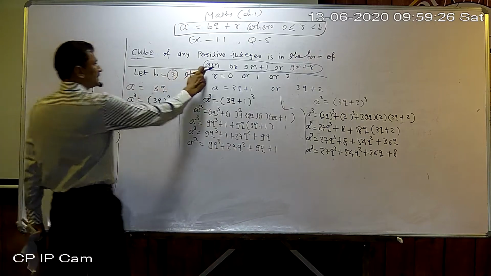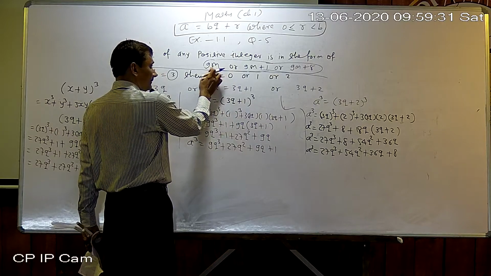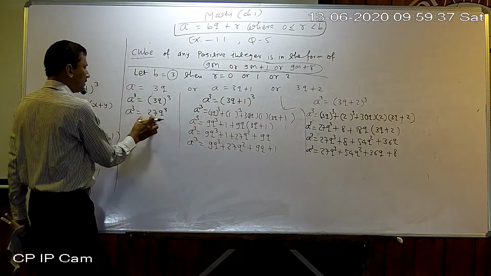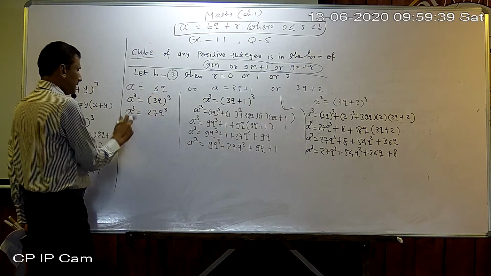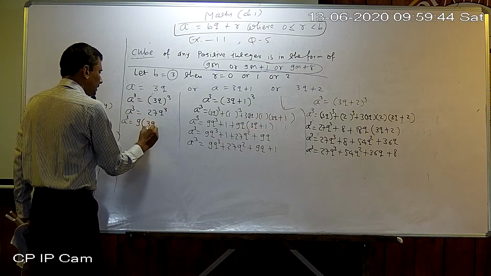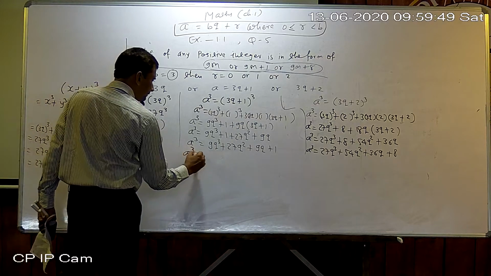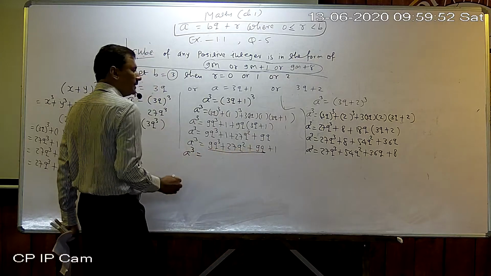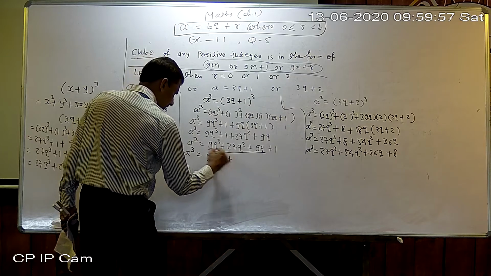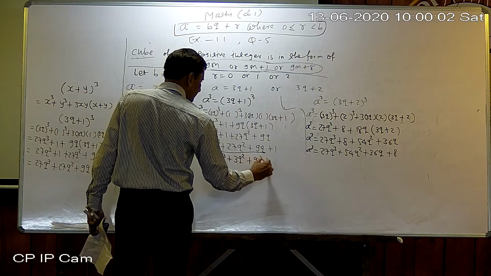Now they ask us that the cube is in the form of 9m or 9m plus 1 or 9m plus 8. So we have to try to take 9 as a common factor. So I am taking 9 as common, so 3q cube is left in the bracket. Here in the first three terms 9 is common. So write 9 common, so q cube plus 9 threes are 27, so 3q square plus q left only plus 1.